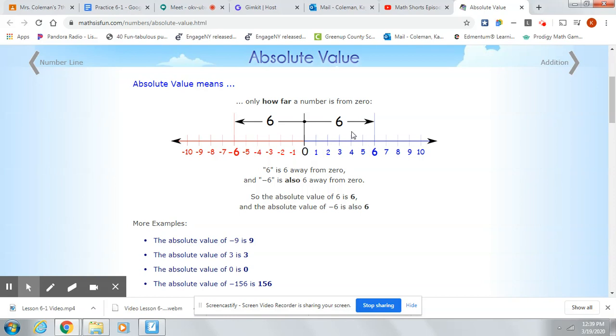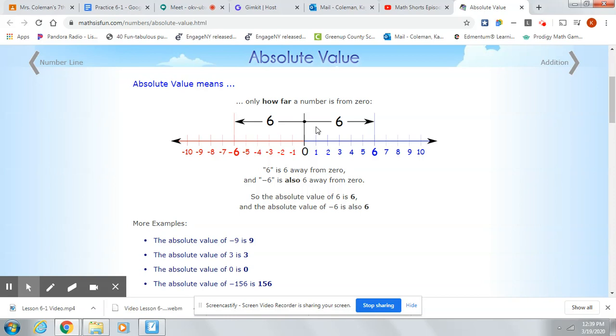Well, there are 6 spaces away from 0, so the absolute value of +6 is +6, 6 spaces. If you found the absolute value of -6, -6 is also 6 spaces away from 0, so the absolute value of -6 is also +6. So absolute value is always positive.